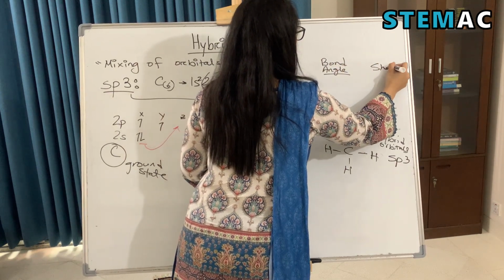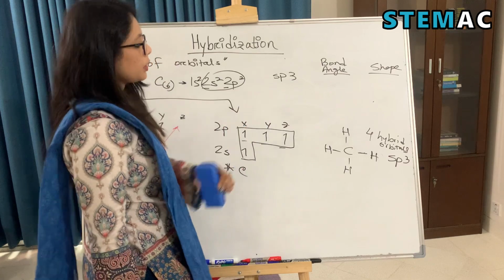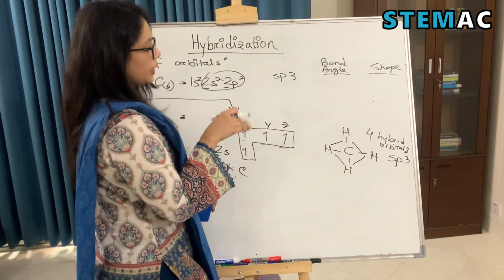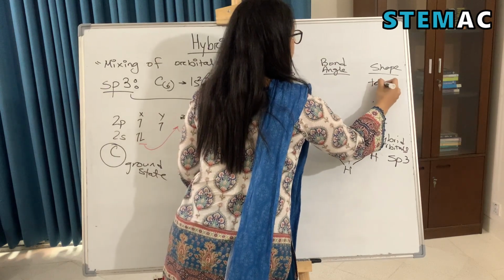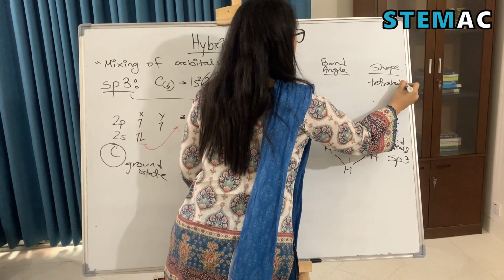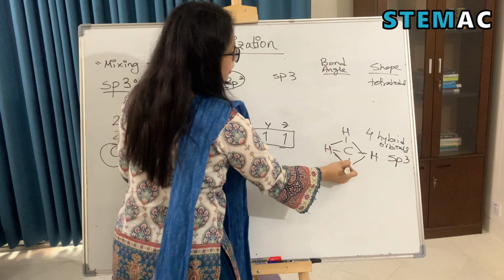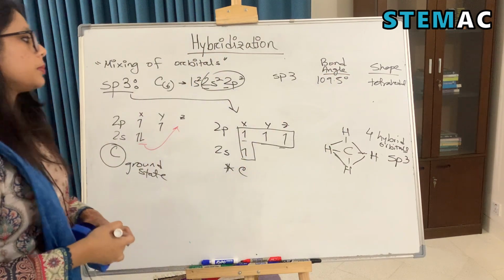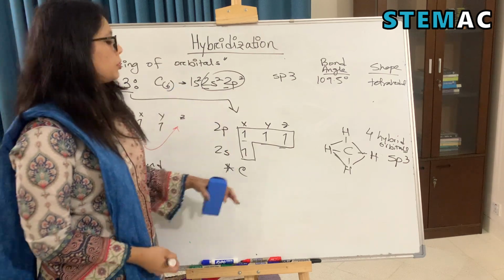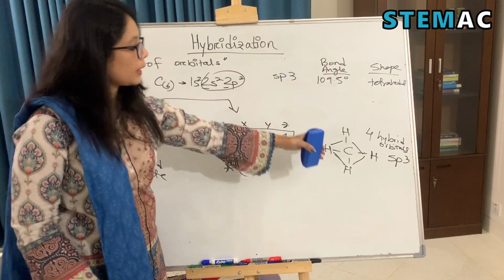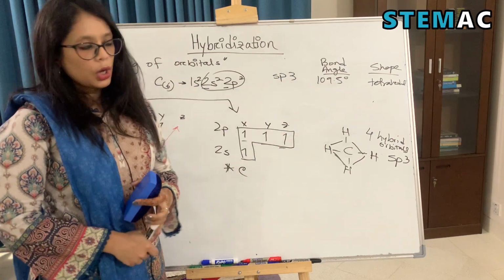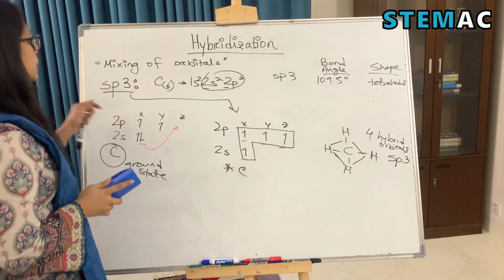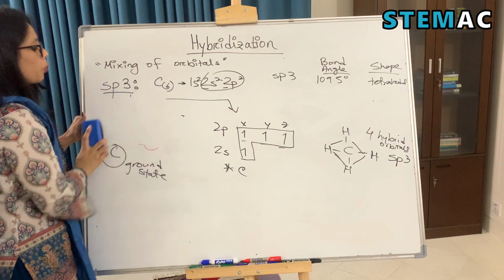Okay, so for sp3 we can say that the compound has a tetrahedral shape and the bond angle would be 109.5 degrees. So from just simple hybridization, we can actually get to know about the bond angle as well as the shape. Okay, so one of the exceptions of sp3 is water.